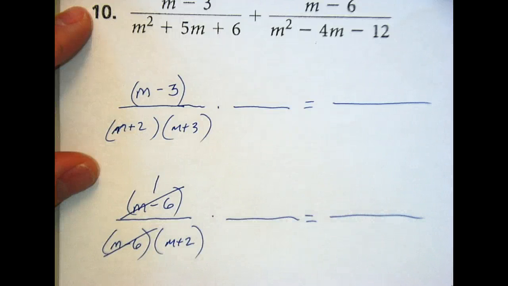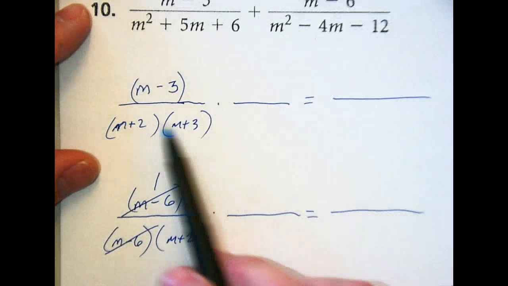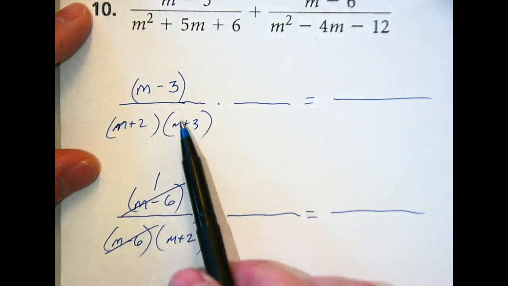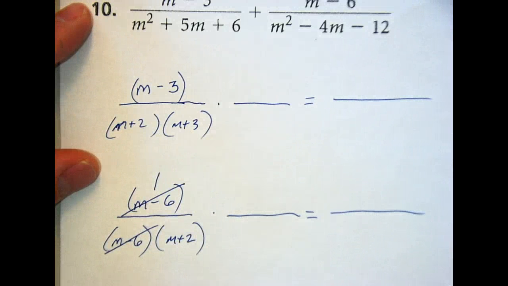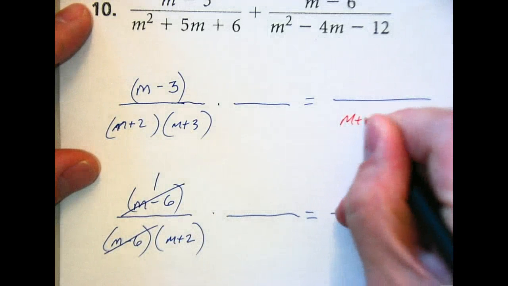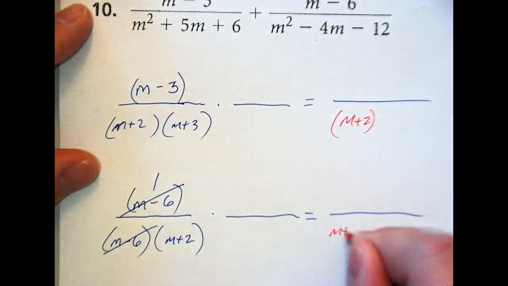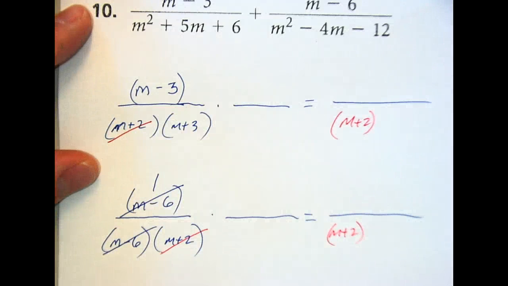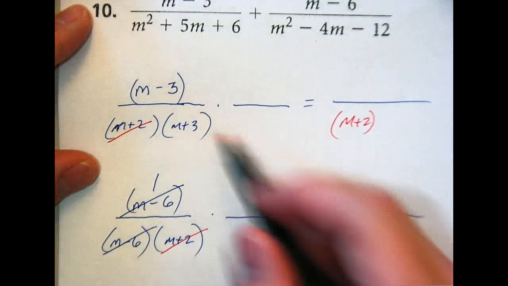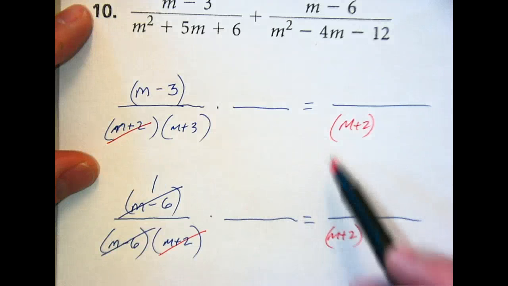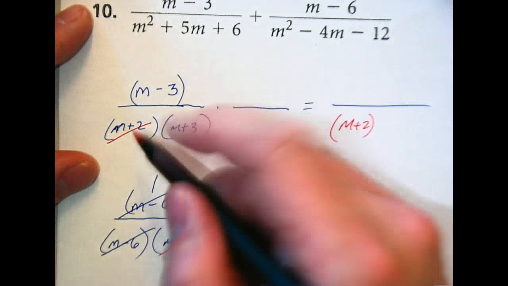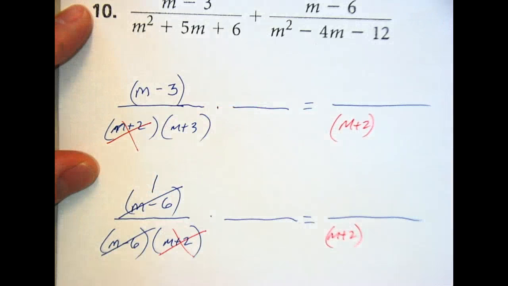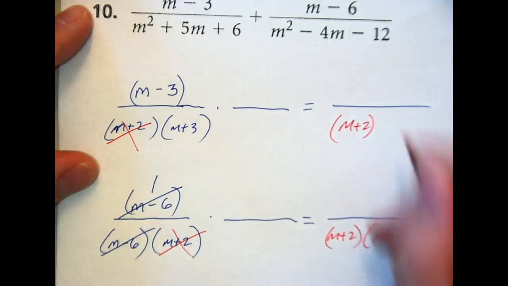Okay? So on this one right here, what do they have in common? N plus 2. We keep that piece. And now we're done with it. Okay? And I didn't cancel here. I just brought it over, right? That wasn't a cancel. Okay. And what do I need down here? N plus 3. All right.